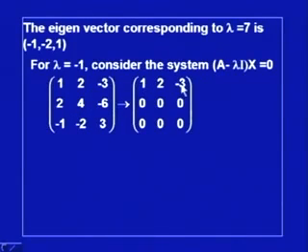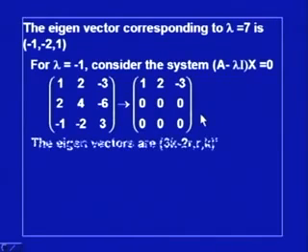So, there is only one independent row, and the other two rows can be transformed to 0 rows by using appropriate elementary transformations. And this suggests that this matrix has nullity 2 and rank 1. That means we can find two independent eigenvectors corresponding to lambda equal to minus 1.